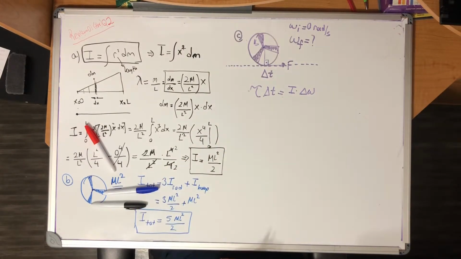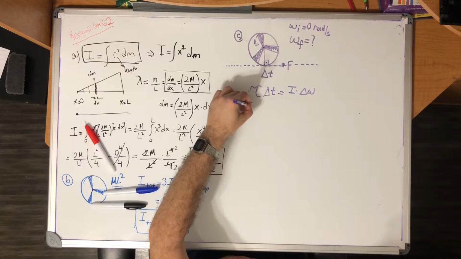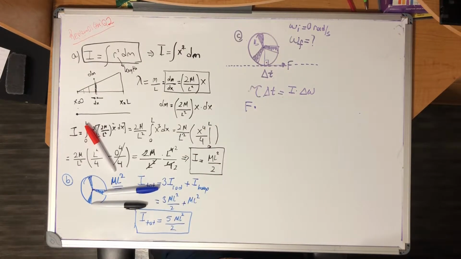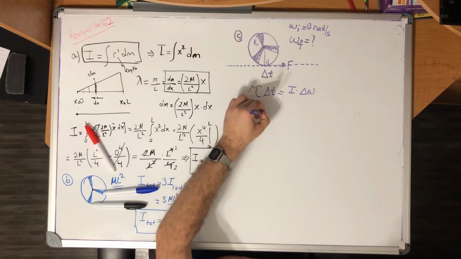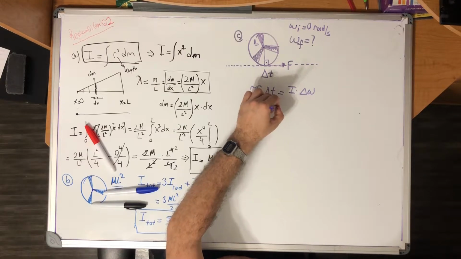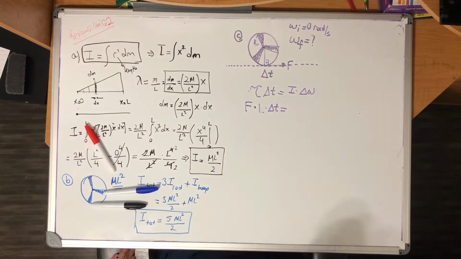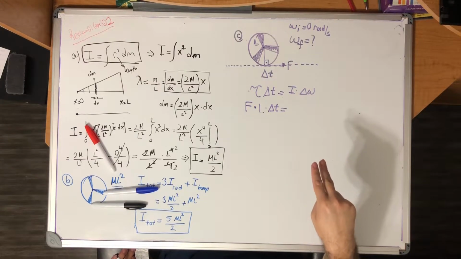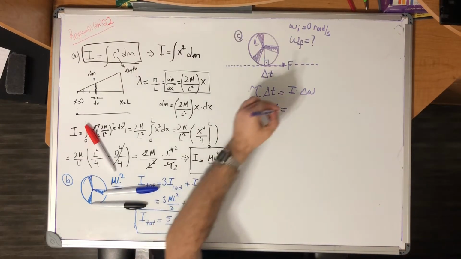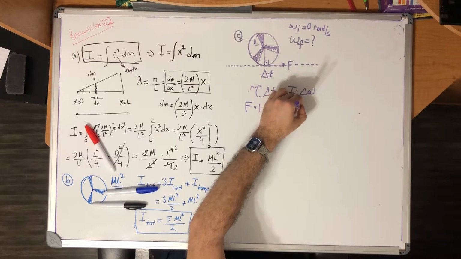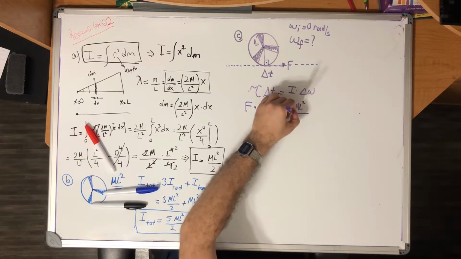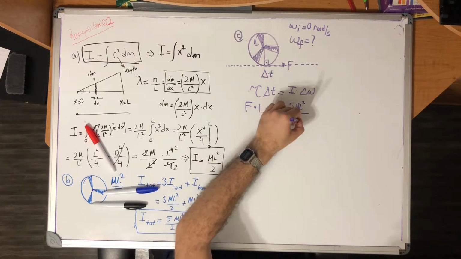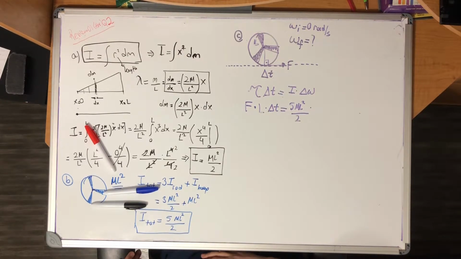So my torque will be basically the force that was given to me times the lever arm, which is L, times delta T. And I, which I are we talking about? We are rotating all of the 3 objects, so we are talking about the total moment of inertia of the system. So it is basically 5 mL squared divided by 2, times delta omega.